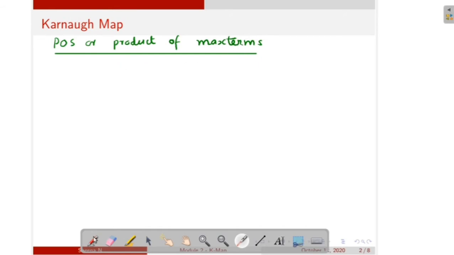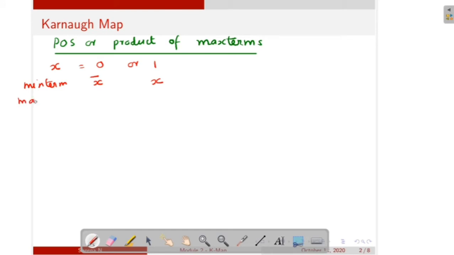Suppose you have a variable x. X can have two values, 0 or 1. In the case of a min term, when x is equal to 0, x is represented as primed, that is x bar, and x is equal to 1 unprimed, that is x.